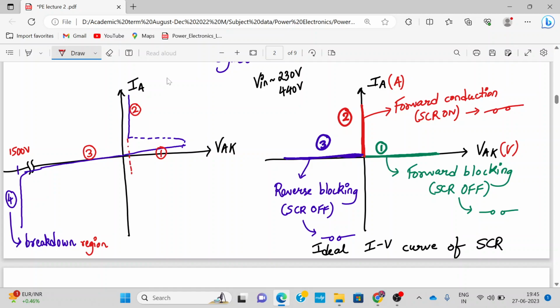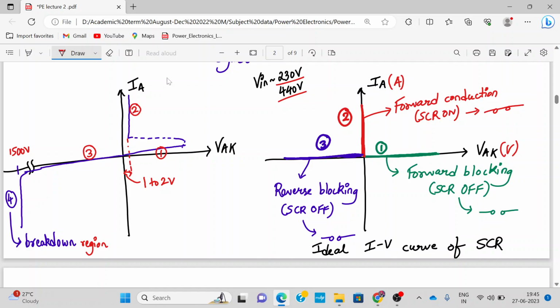This voltage drop is usually around 1 to 2 volts, and compared to the actual input AC voltages, that is 230 to 440 volts in case of single phase and three phase, 1 volt or 2 volts is very small, hence it can be neglected. So the SCR voltage drop when it is on is neglected. That's why this line is drawn parallel to the y-axis.